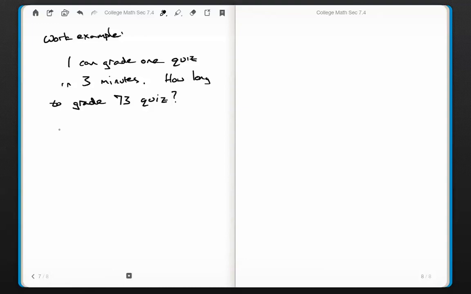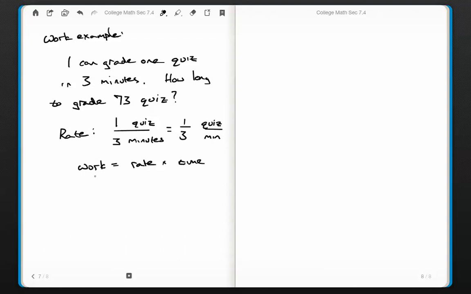Well, what is my rate? My rate is 1 quiz divided by 3 minutes equals 1/3 quiz per minute. Alright, well, I know that work equals rate times time.